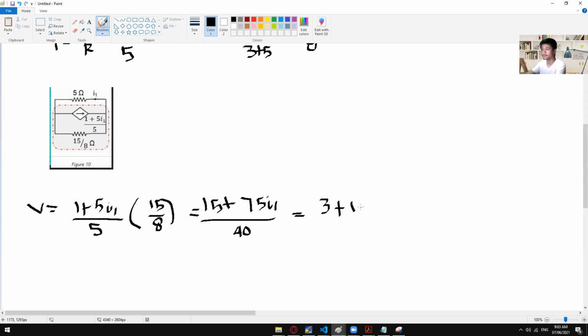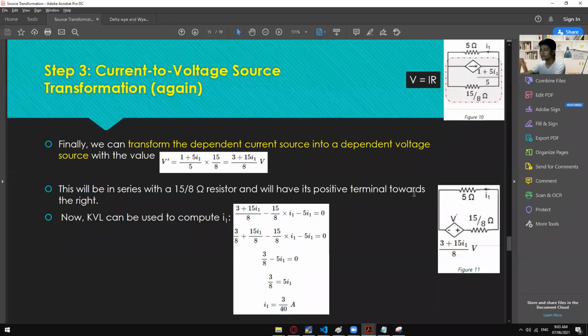Yeah, 15, not 13. And then at the same time, you can divide this one by 5. So you will get 8 I sub 1. So let's see if we have the same current. So there you go. We have 3 plus 15 I sub 1 divided by 8, which is the same with this one.